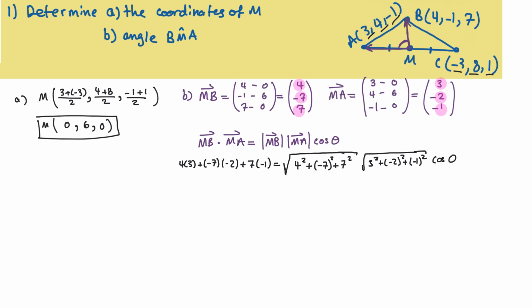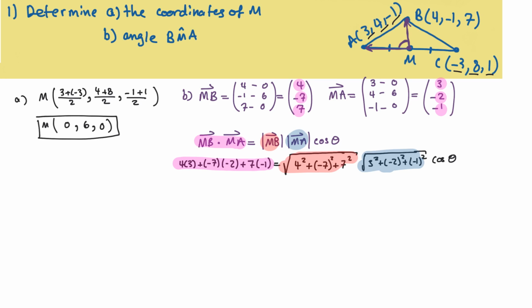And then I have cosine of theta. And just to highlight what corresponds to what, this corresponds to the dot product, or one of the ways to calculate the dot product using the components. MB is this term over here, and MA is this term over here, and cos theta is just cos theta.